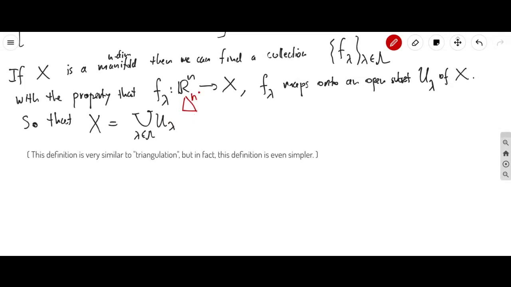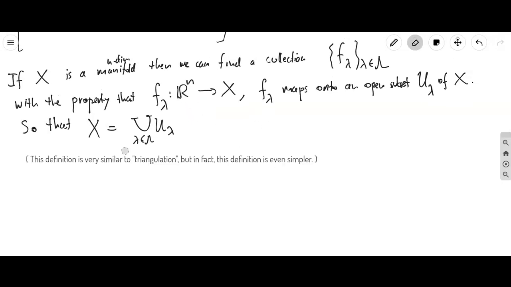And the geometric simplex, its dimension actually depends on the lambda. So the geometric simplices could come with different dimensions. And furthermore, there's also the requirement that the geometric simplices, their images, have to intersect in the common face. Whereas here, there is no such requirement.